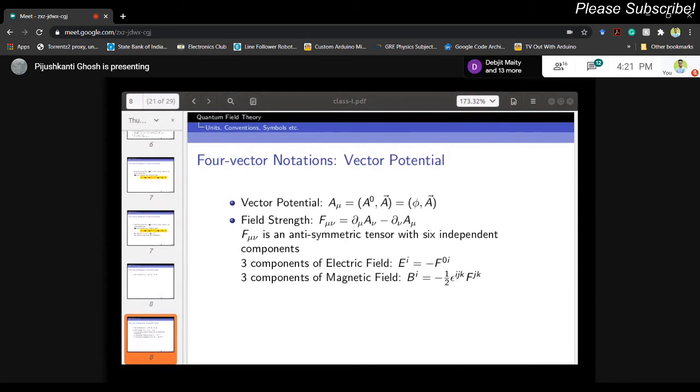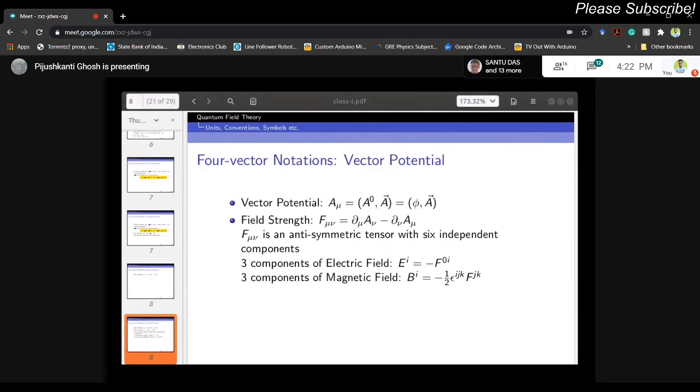Now antisymmetric means F mu nu is equal to minus F nu mu. Agreed? Okay. So suppose you take the component 01. You see that component 01 and component 10 are related to each other. F01 is equal to minus F10, right?